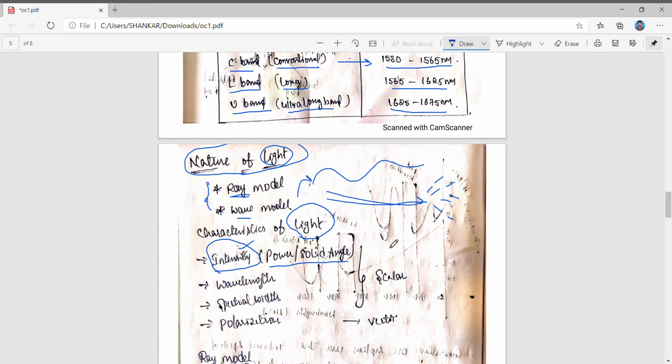Actually, the intensity of a light signal is generally represented in a conical 3D angle. Suppose it is a conical 3D surface, so in this we have to choose a point here. This is the source.